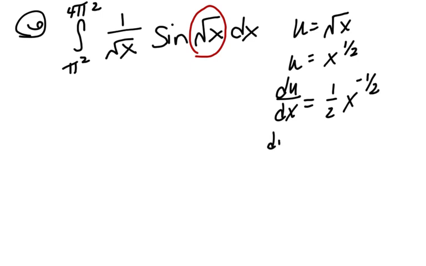Now, I might want to rewrite that without the negative exponent, 1 over 2 square root of x, then multiply by dx on both sides.